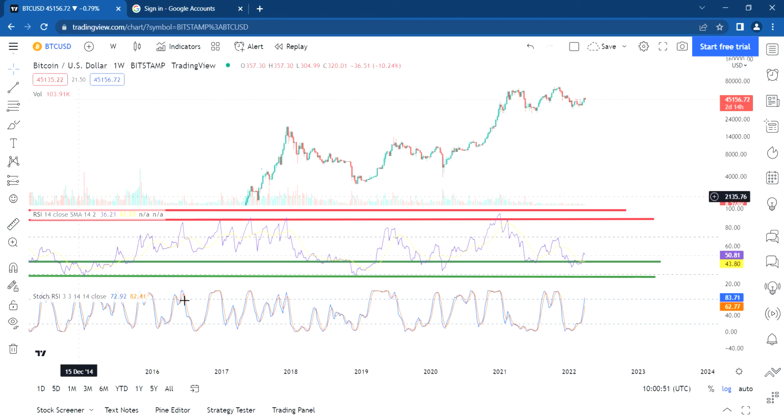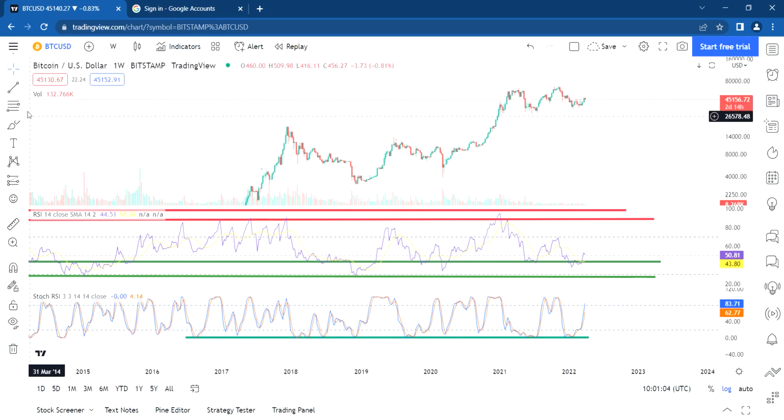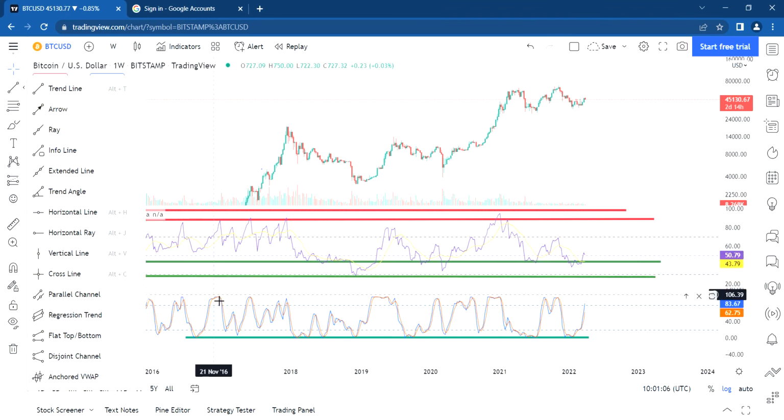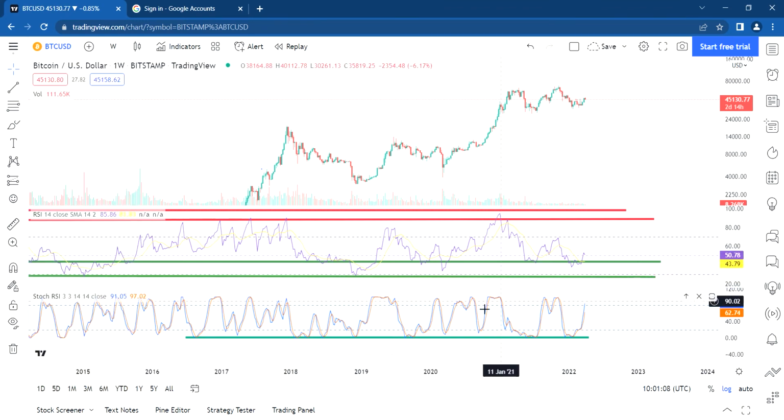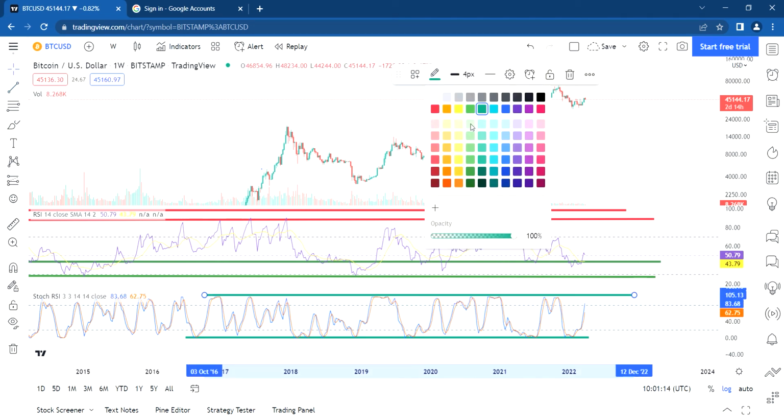This is a zero region. This is showing that momentum has really stopped and very little is happening in the grand scheme of things. Similarly, it has a top over here in the 100% range, which is generally a good sell zone.